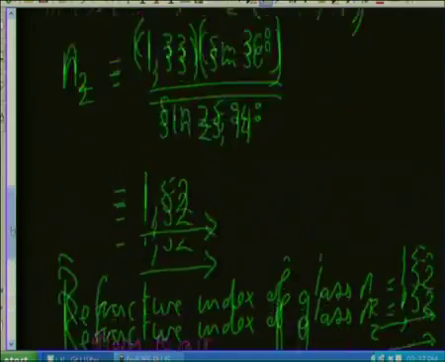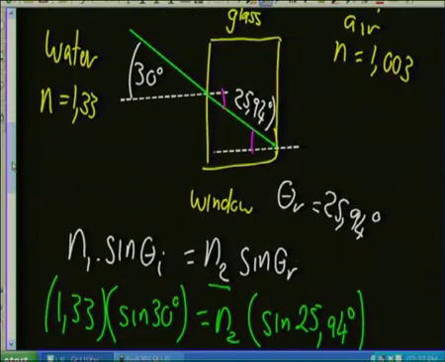Now, before we get to it, guys, I need you to be thinking. It's moving from an optically more dense to an optically less dense medium. Remember, we're going to measure the angle of incidence from the normal. What do we predict? Is it going to be smaller than 25 or is it going to be bigger?